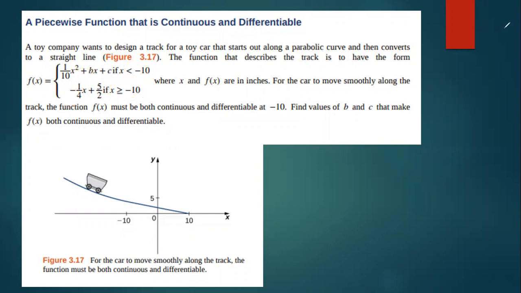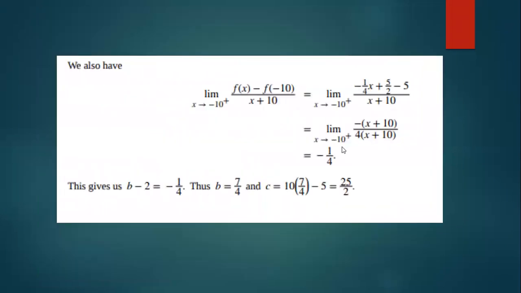Okay, so for the negative function, this will be written as minus 1 upon 4x plus 5 upon 2 minus 5. This value is minus 5 divided by x.